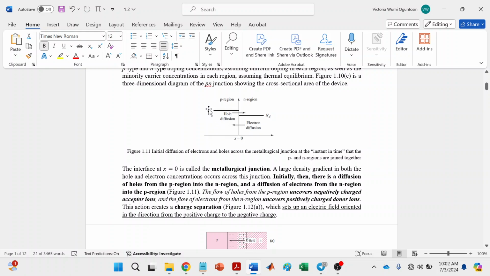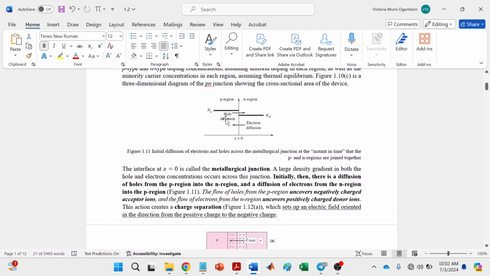There is a diffusion of holes from the P region to the N region, and there is also a diffusion of electrons from the N region into the P region. As these electrons and holes diffuse, the diffusion of holes from the P region uncovers negatively charged acceptor ions.